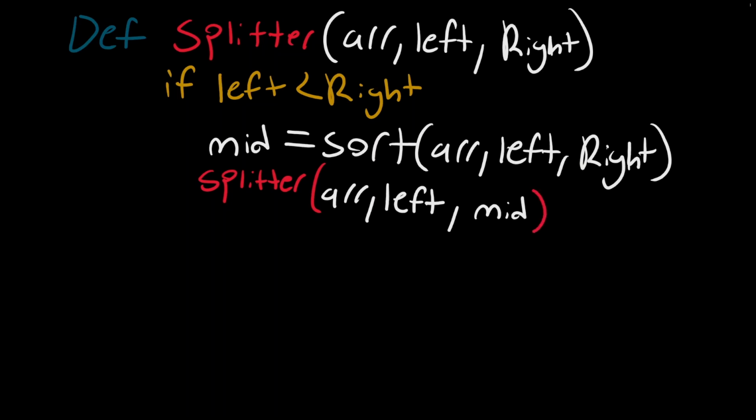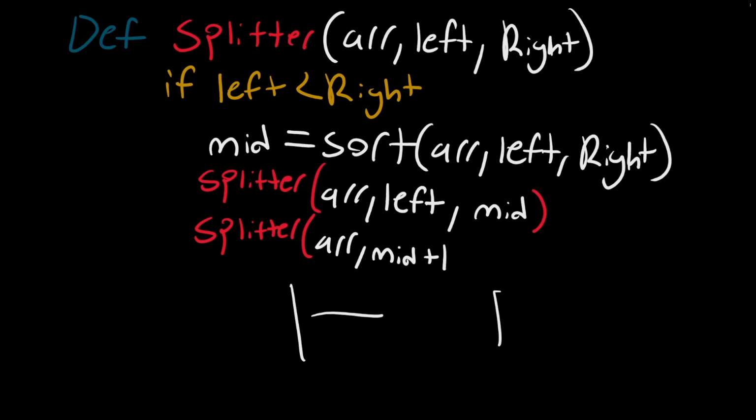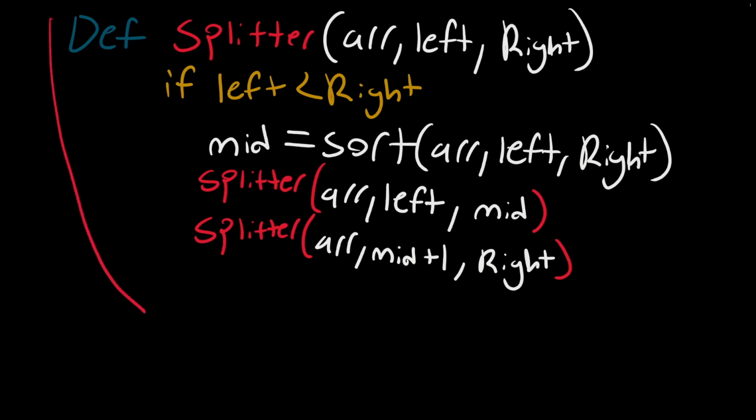Then we're going to call splitter again, give it the array, and this time call it on mid plus one to get the right half subarray. After that, we give it the right barrier. And that's it. That's the splitter function. That's what's splitting and subdividing.